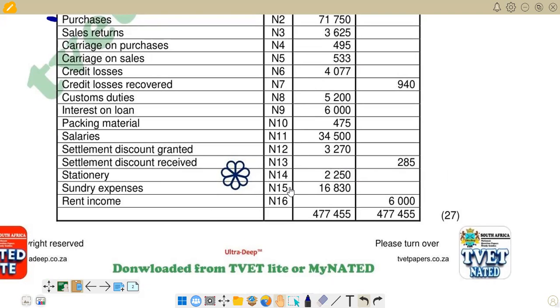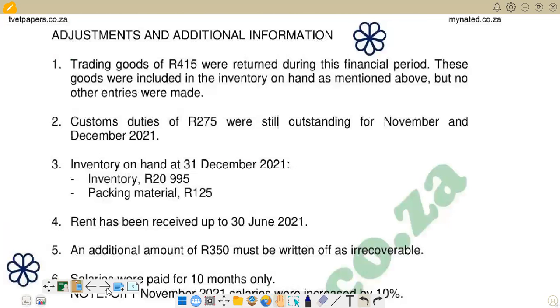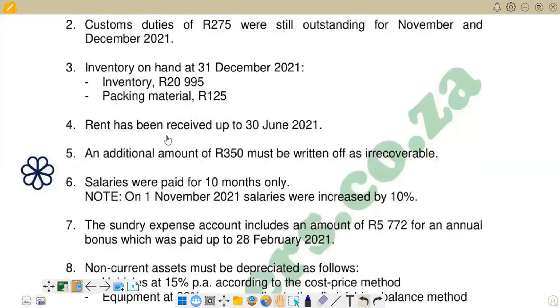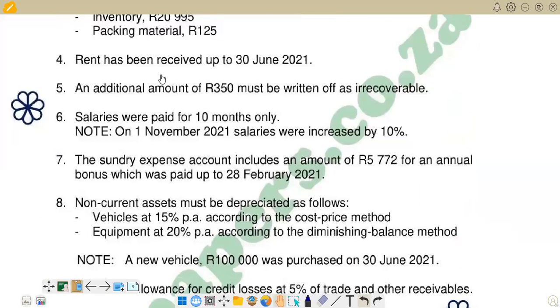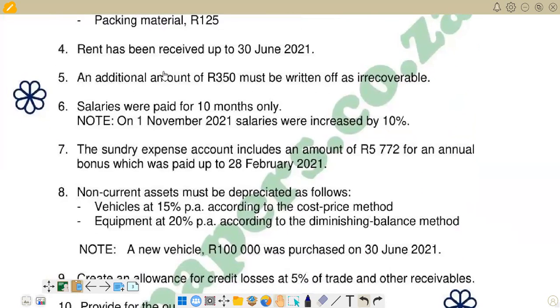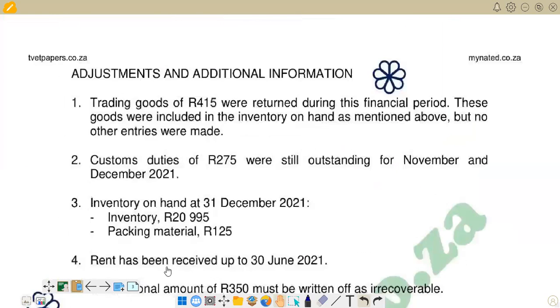We go and check the additional information to see if there is anything to do with purchase returns. We go down, checking if there is anything affecting our purchases.